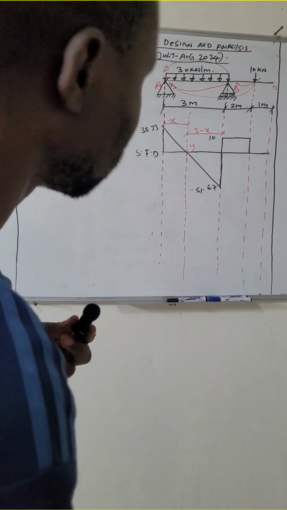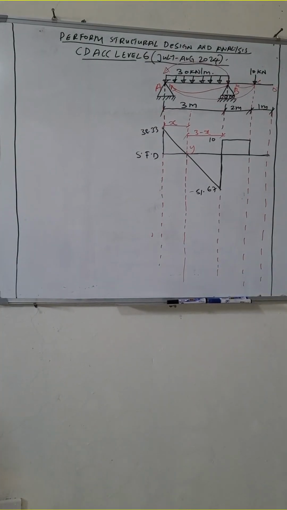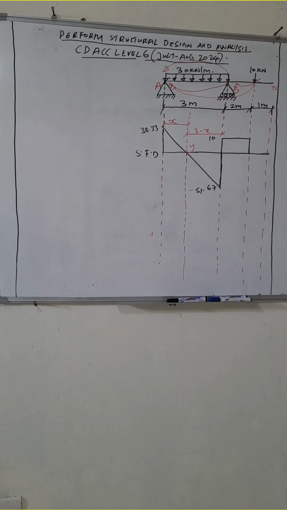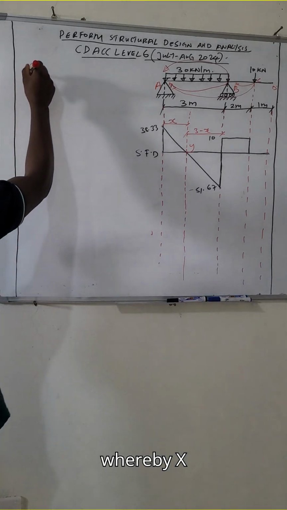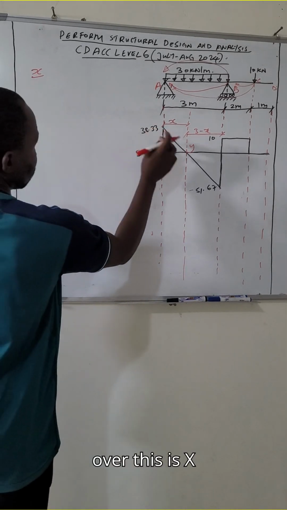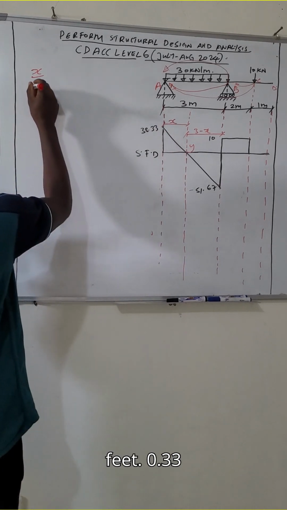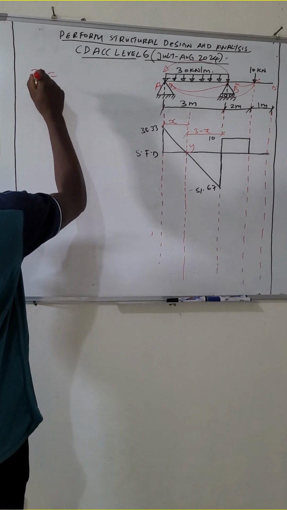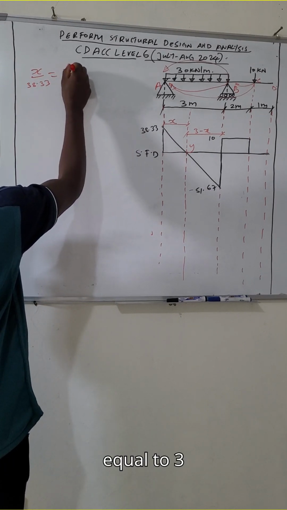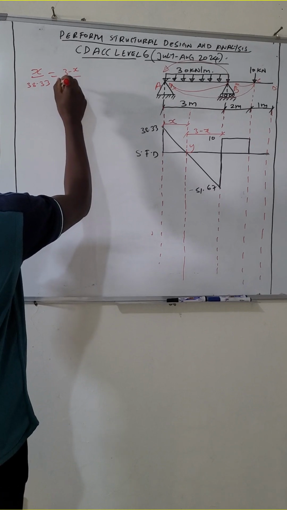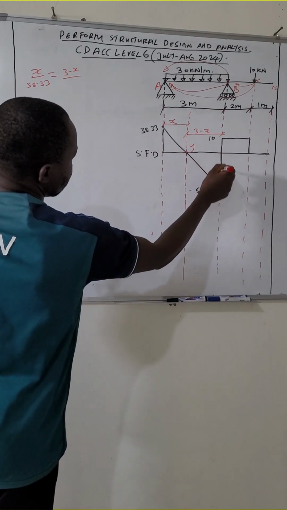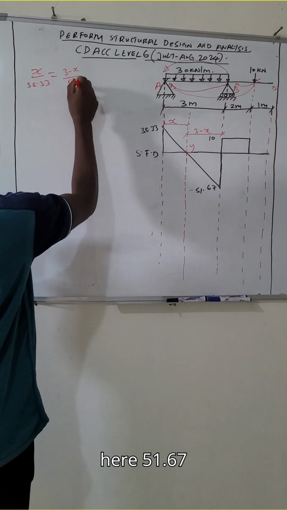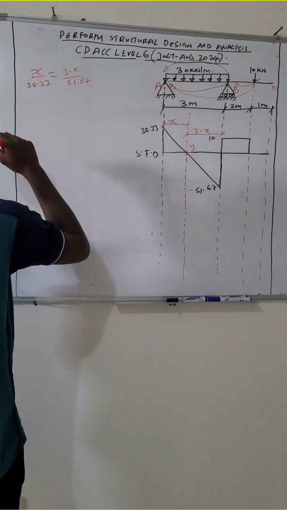So how will you find distance X? Distance X is calculated using similar triangle rules, whereby X over 38.33 should be equal to 3 minus X over 51.67.